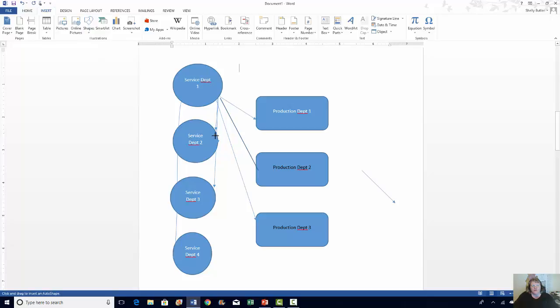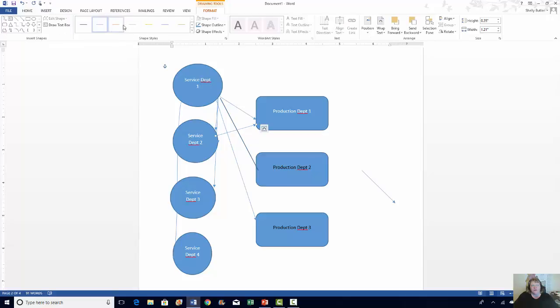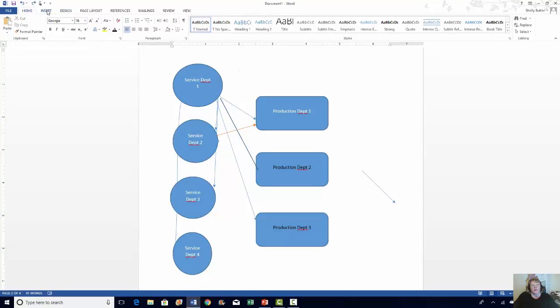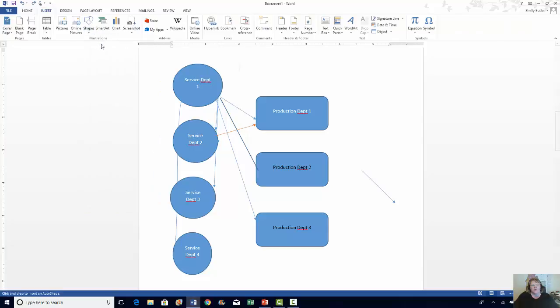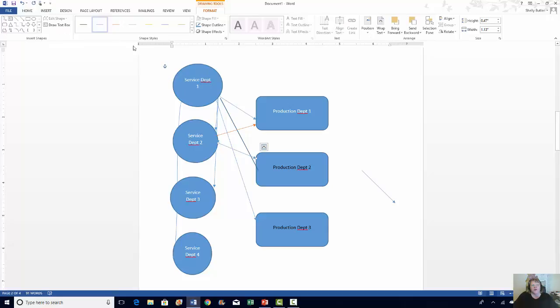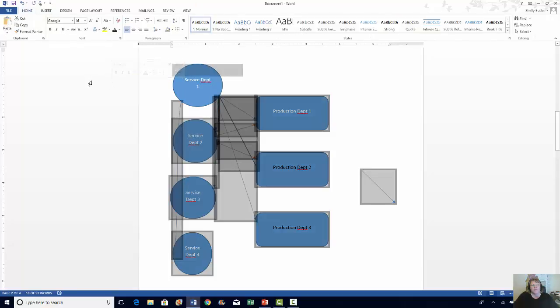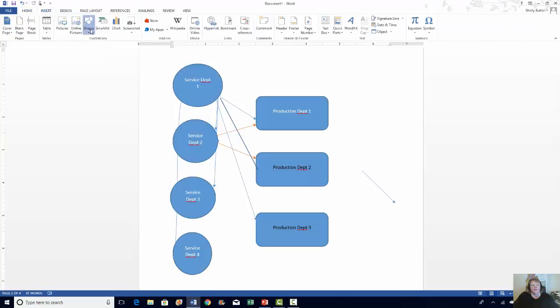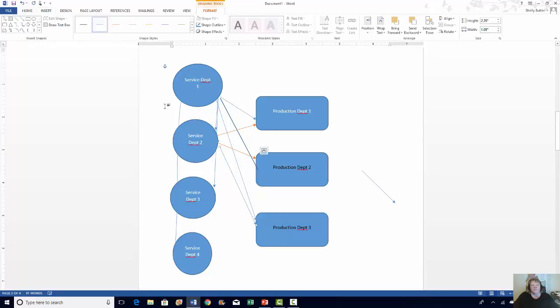Then Service Department 2 is going to service that production department. Let's make it a different color. Well, that's just annoying. Okay. And then it will service that production department, and then it will service this production department.